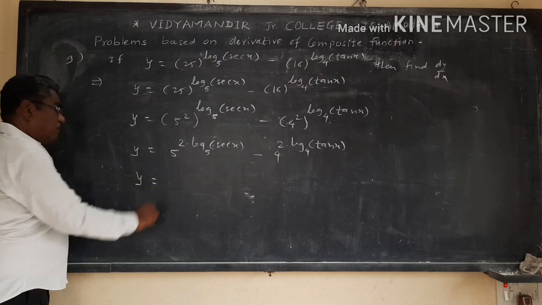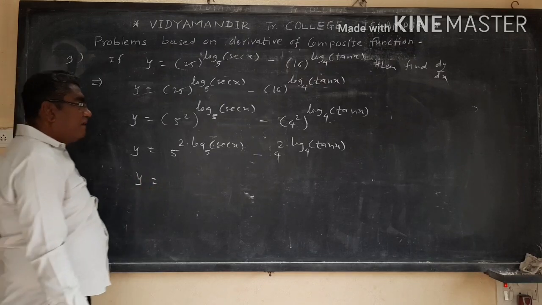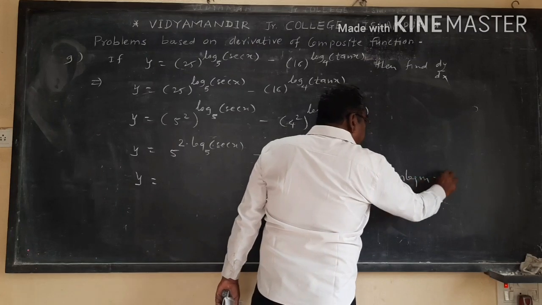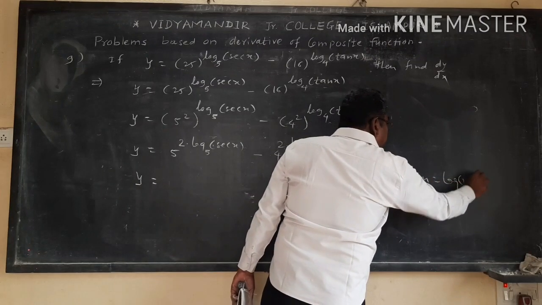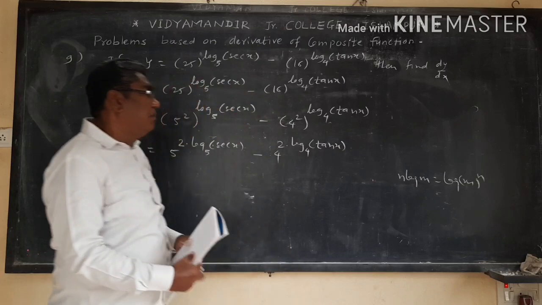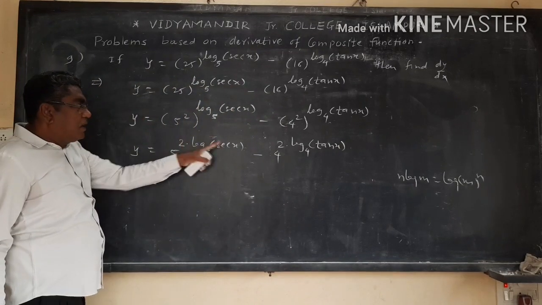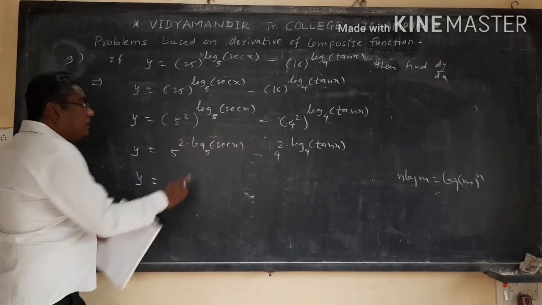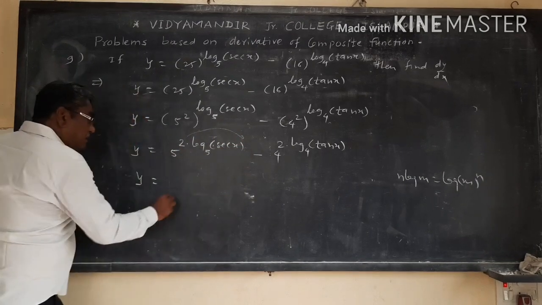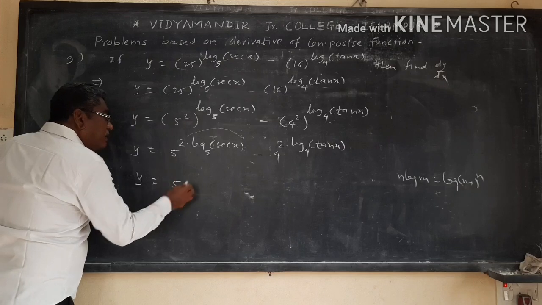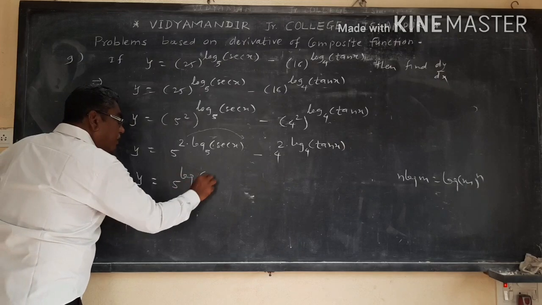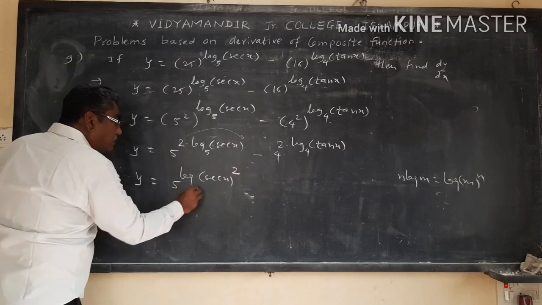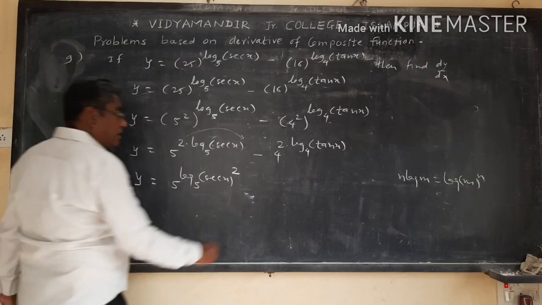Y is equal to, we know that m log m raised to n is n log m, so 5 raised to log of sec x square to the base 5.